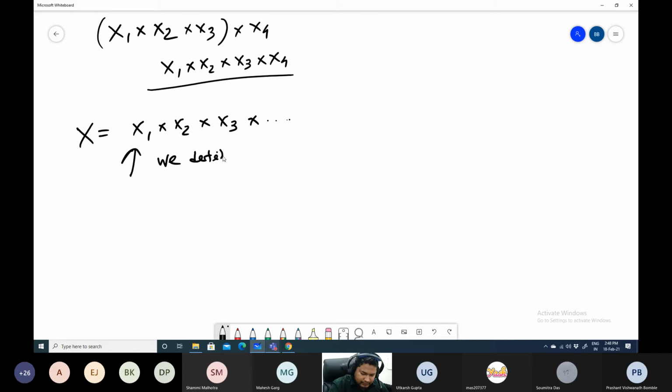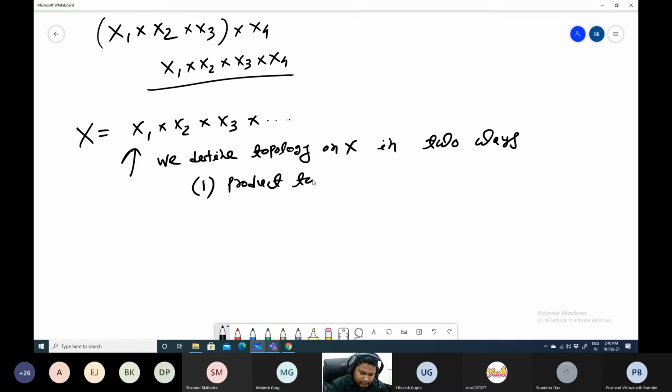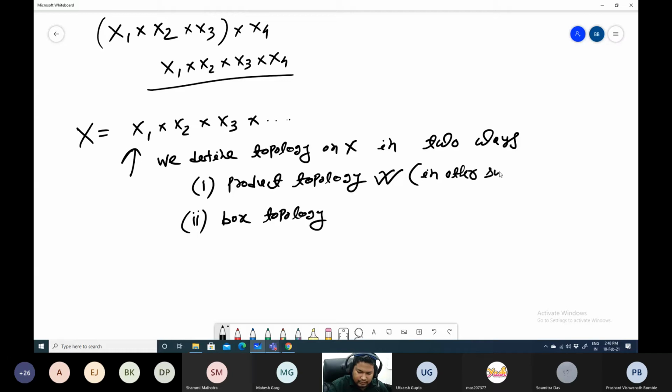In this case we define a topology on X in two ways. One is the product topology, another one is the box topology. Now this is very important in other subjects as well, and this is important in the general sense, not only in this course.